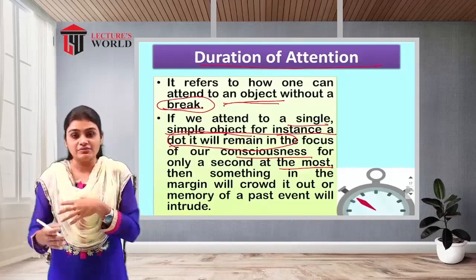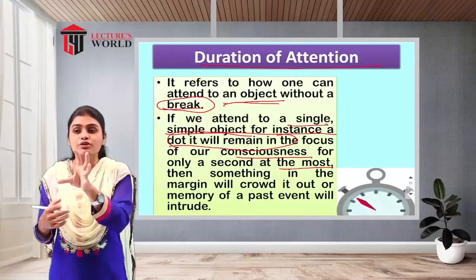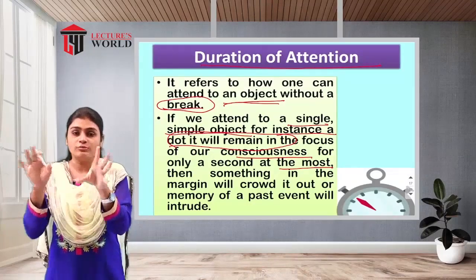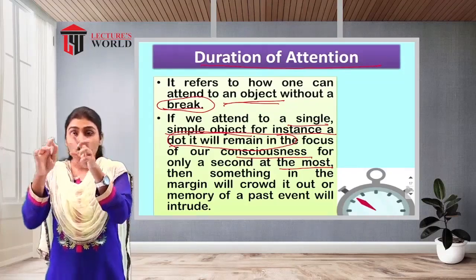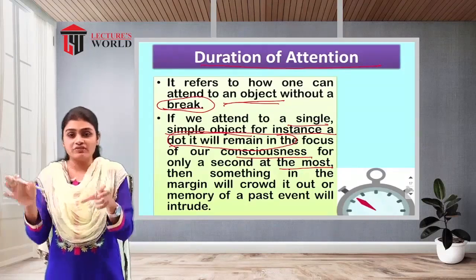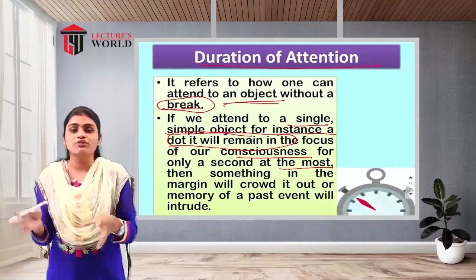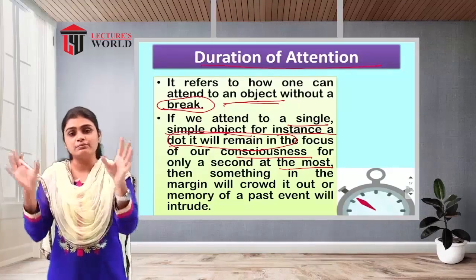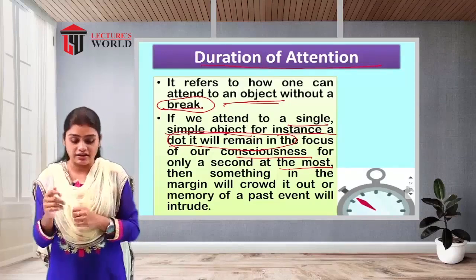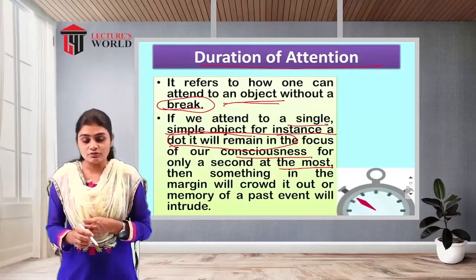And after some duration of the attention, all the margins of that object will vanish away, and all the surrounding things or surrounding thoughts will come into our consciousness at the same time. So that is the duration of attention.